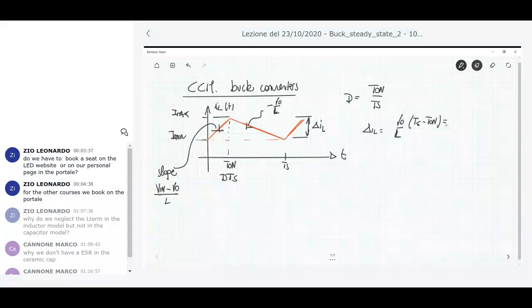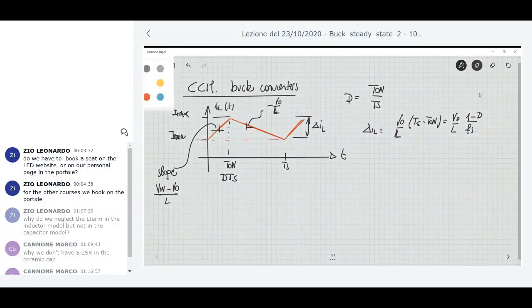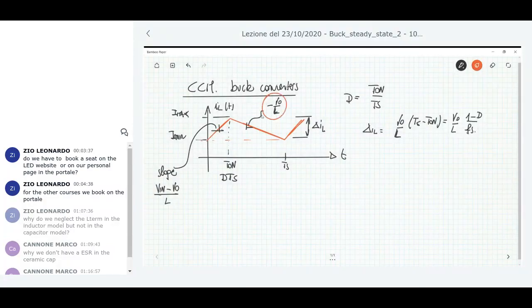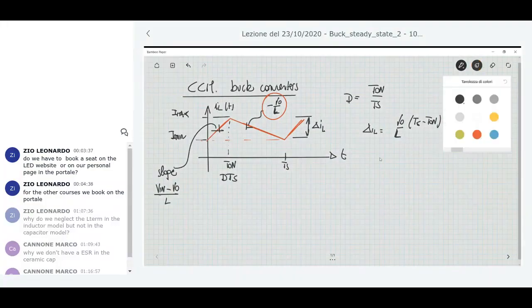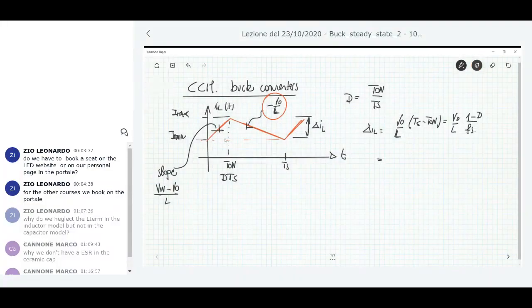So this is Vo over L, 1 minus T on over Ts. In this computation, I used the negative slope of the inductor current, the slope of negative Vo over L, but the same result can be obtained using the positive slope of the current.